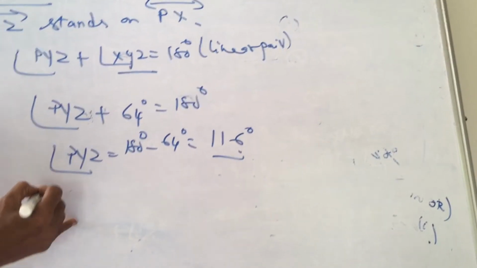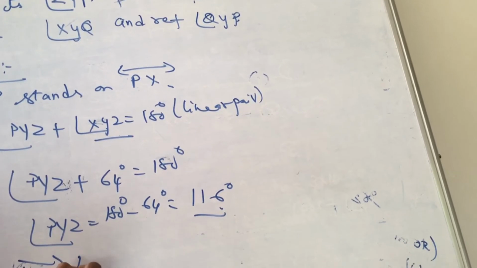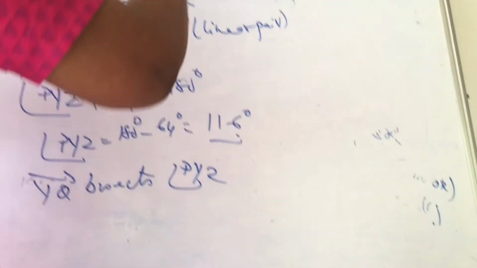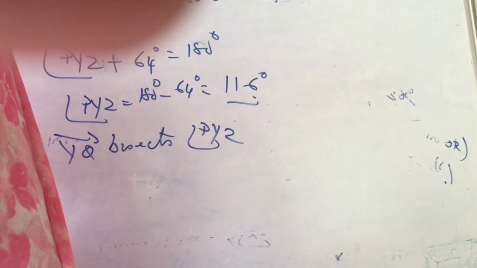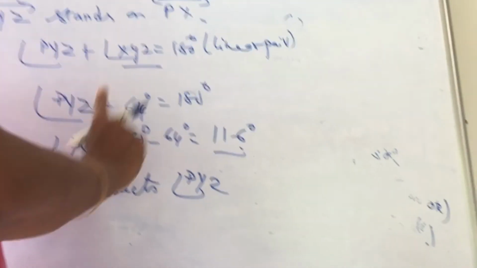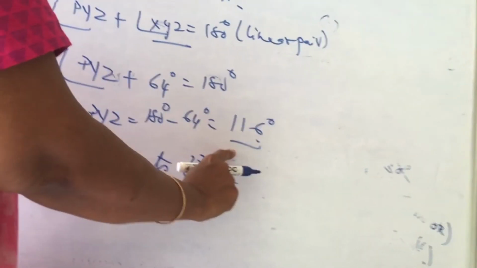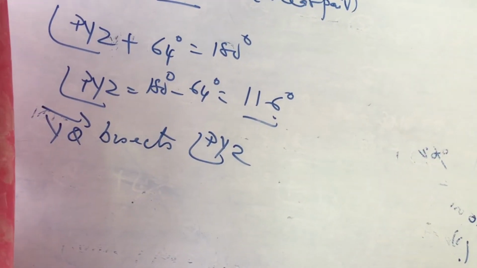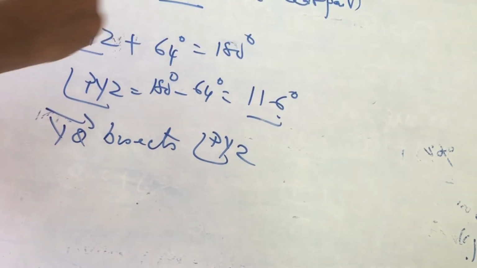Next, YQ bisects angle PYZ. How many angles are there in PYZ? 2 angles. And what is the measure of PYZ, children? 116. If an angle is bisected, it is divided into 2 equal parts.